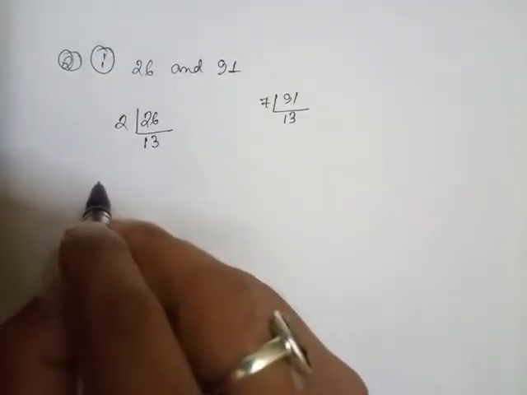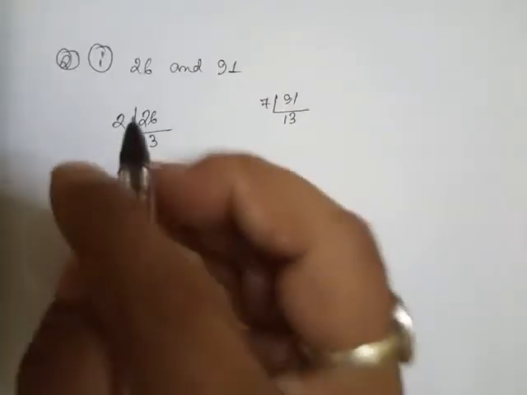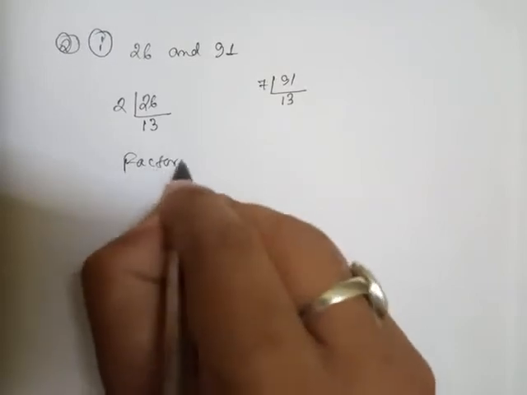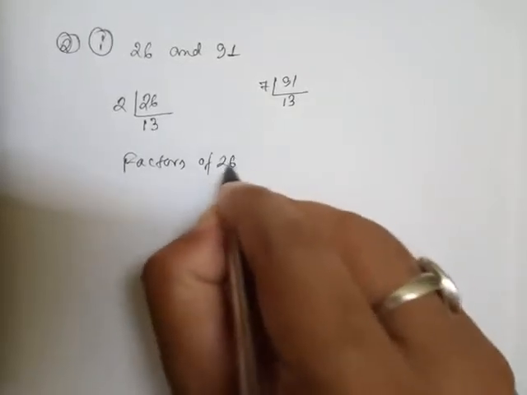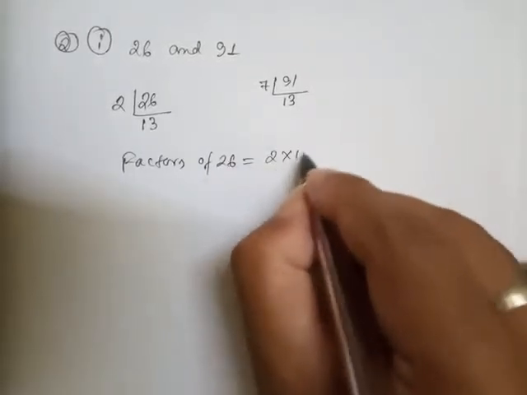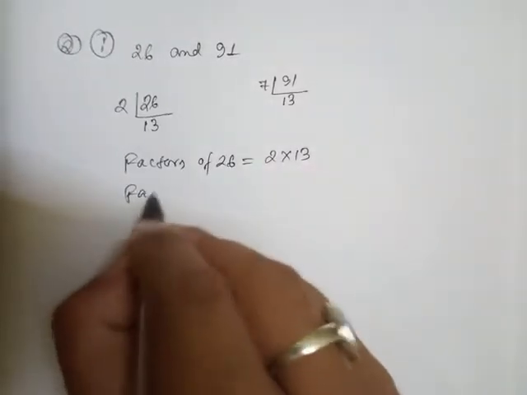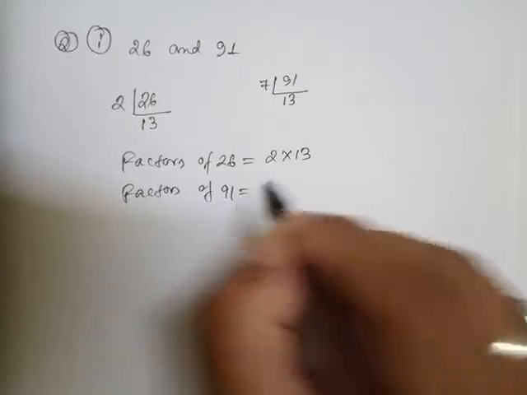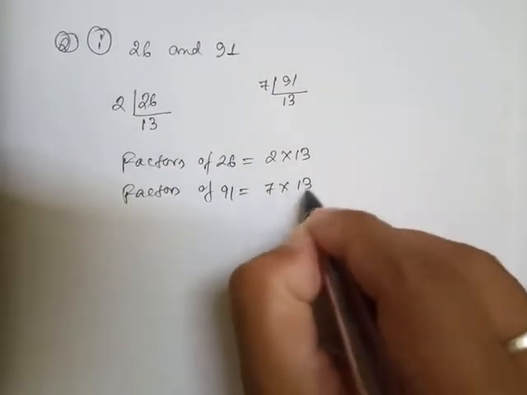So here we'll write the factors: factors of 26 equal 2 into 13, and factors of 91 equal 7 into 13.